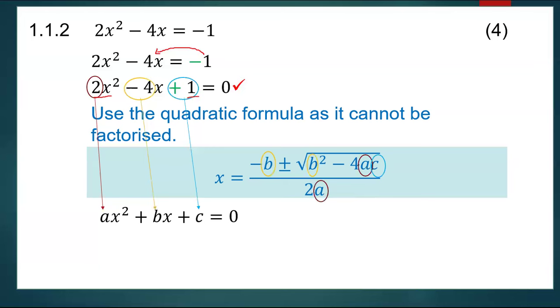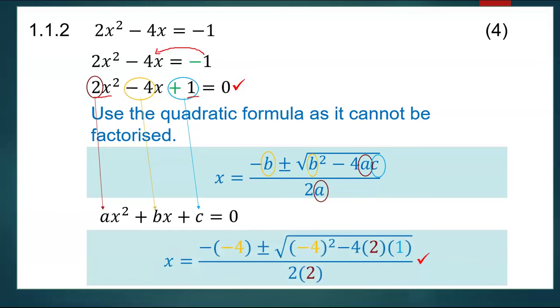When you do your substitution, you did this in grade 8, please make sure you put it in brackets so that you don't mess up. You will notice that where there is b, I put the brackets and then I substituted negative 4. And where there is a, I put the brackets and I substituted 2.